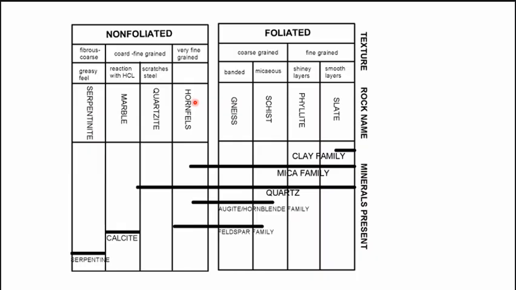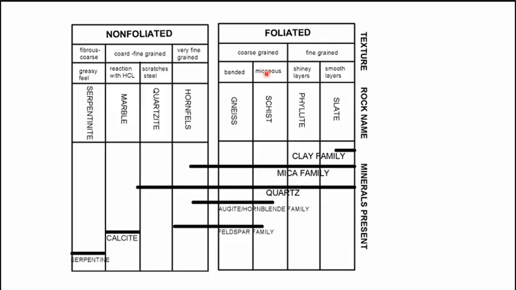If you look at the foliated, what you can easily use to identify them are the minerals that you find. We've already explained all that, so I'm not going to go back into that. Under the texture, the foliated can be coarse-grained or fine-grained. Under the fine grain, you have the phyllite and the slate. The coarse-grained foliated are the gneiss and the schist. Gneiss can be banded.